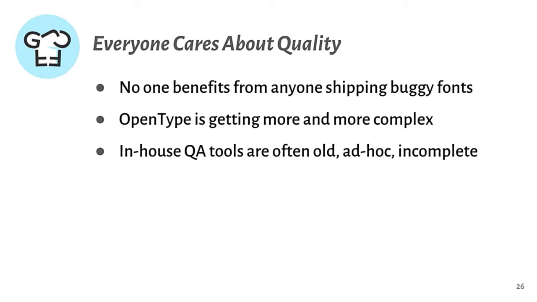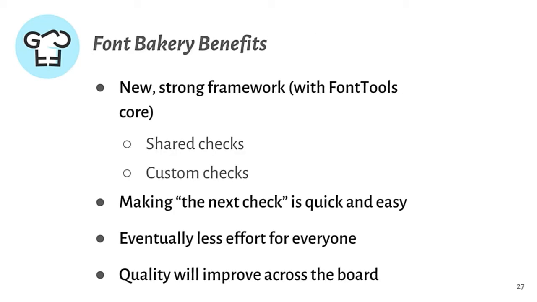So many foundries have QA tools and processes in-house, but they are often ad hoc or incomplete and getting old. And also OpenType, since variable fonts and stuff like that, is getting more and more complex. So new checks are needed, and we need to check our stuff against this.